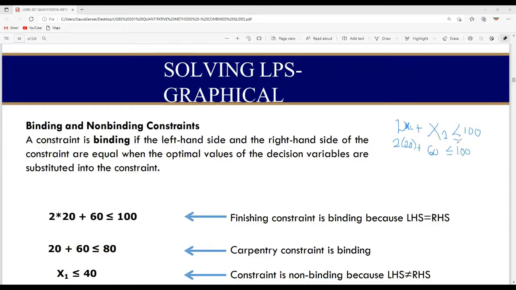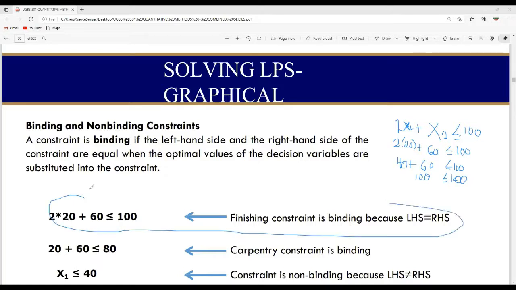You get it? So 2 times 20 will give us 40 plus 60. It should be less than or equal to 100. And exactly that's the answer. 100 is equal to 100. So it means this constraint, the finishing here, is binding because all the resources were used.